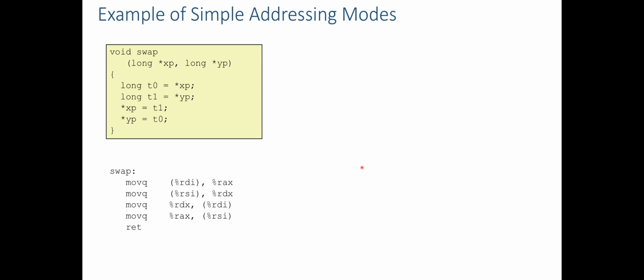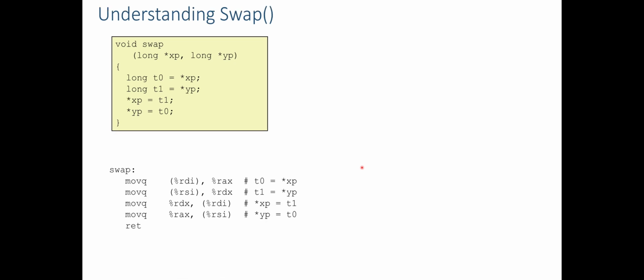So here's that swap function that was in that activity 2. And below it here is the assembly code for it. And now here are some comments where I put in simply what the corresponding C code lines are.